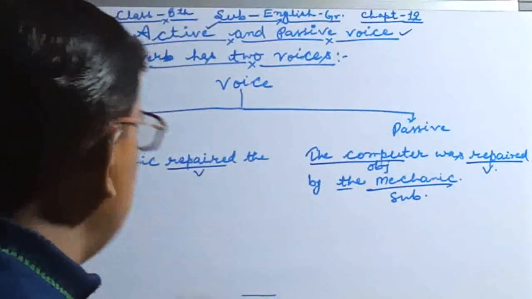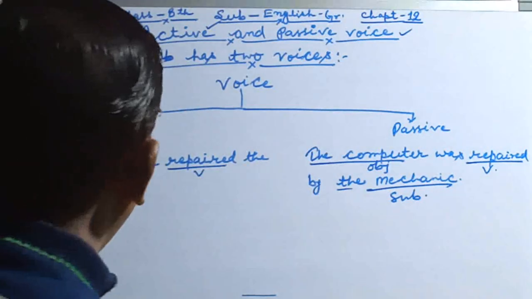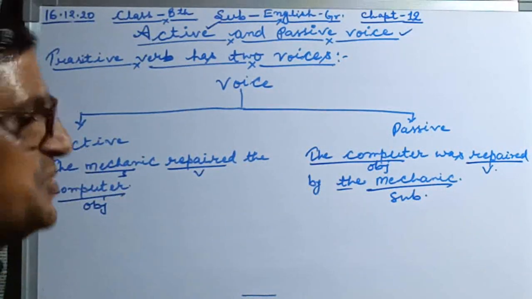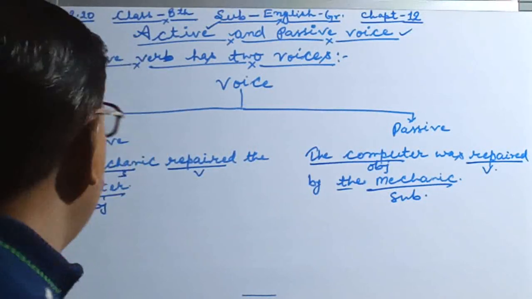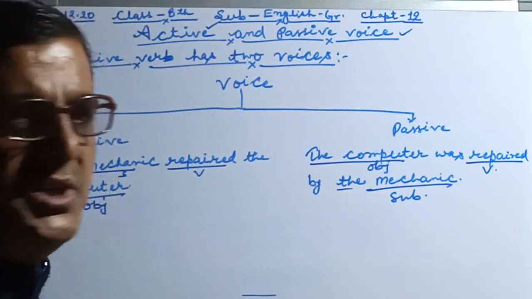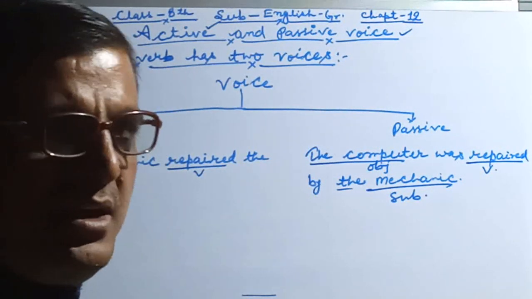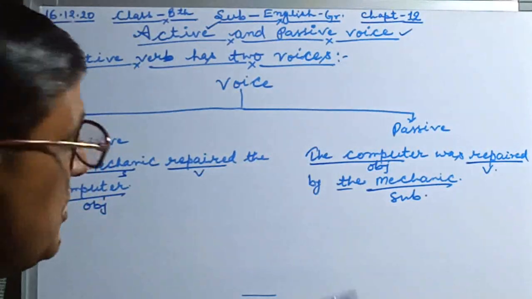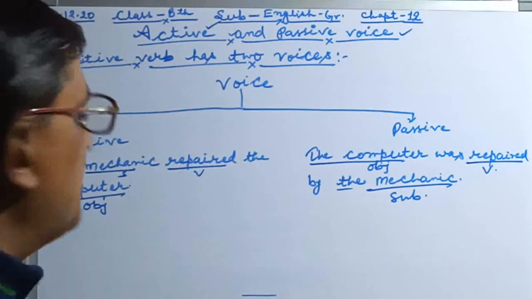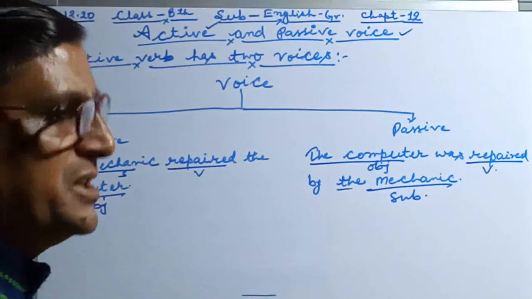Already I discussed, in the mechanic repaired the computer, mechanic is the subject, repaired is the verb, and computer is the object. That is why this is a transitive verb, because to complete its meaning this sentence required an object.